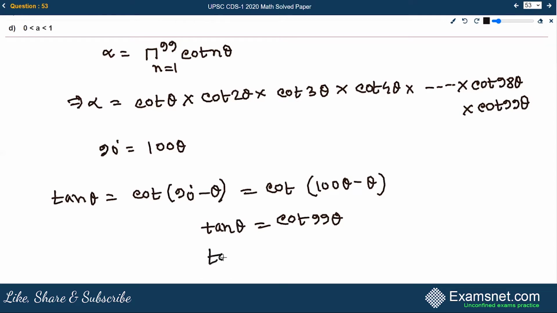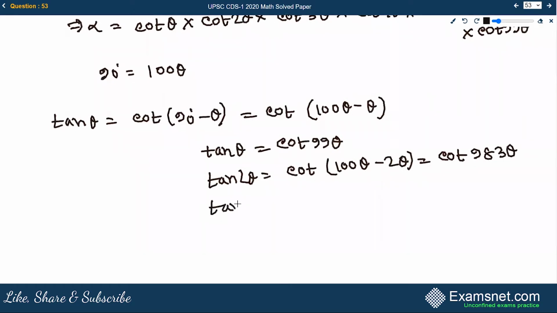In the same way, tan 2 theta is cot of 100 theta minus 2 theta, which results in cot 98 theta. Same way, tan 3 theta results in cot 97 theta, and so on.